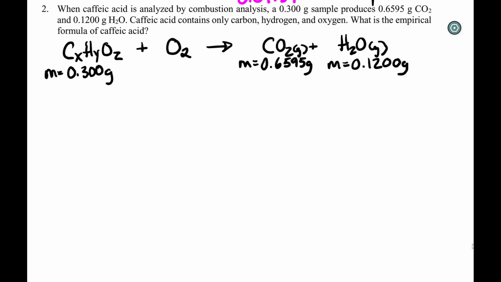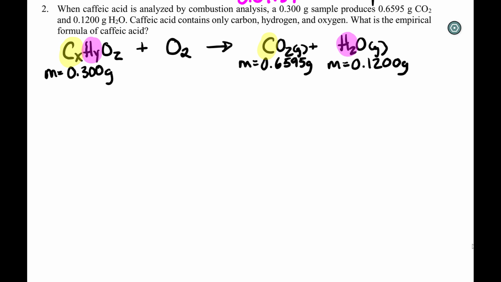Now, there's oxygen everywhere, okay? So there's oxygen in all 4 of these compounds. However, the amount of carbon that is in this hydrocarbon derivative all ends up in carbon dioxide, just like our previous question. All of the hydrogen in this hydrocarbon derivative ends up in water. It all gets there.